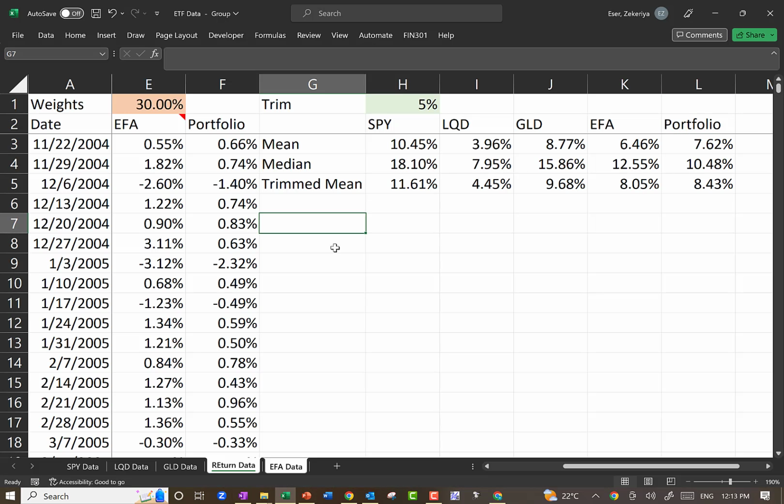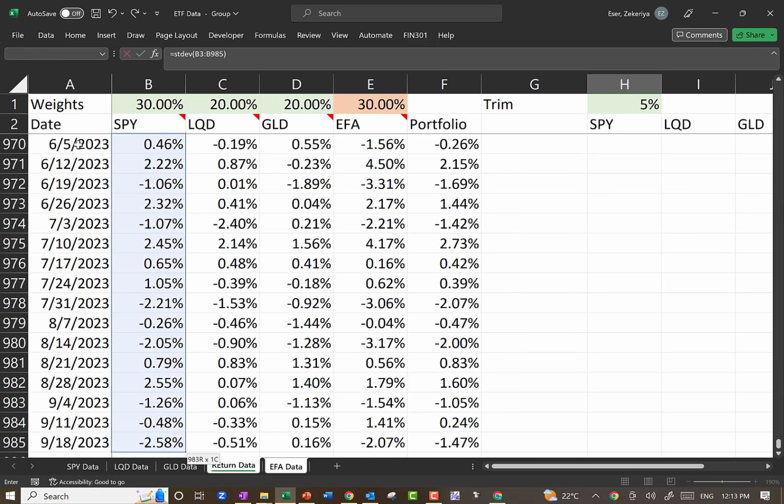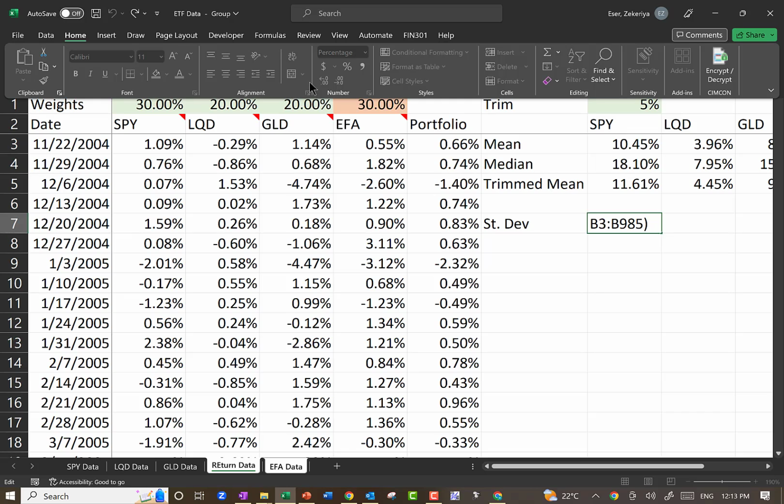So I'm going to calculate standard deviation. The name of the function is stdev. And its units are the same as the average.